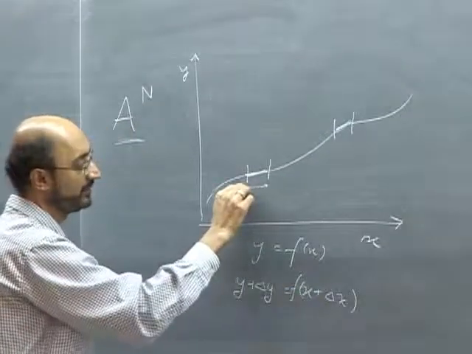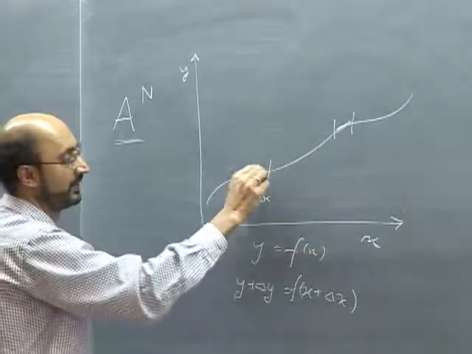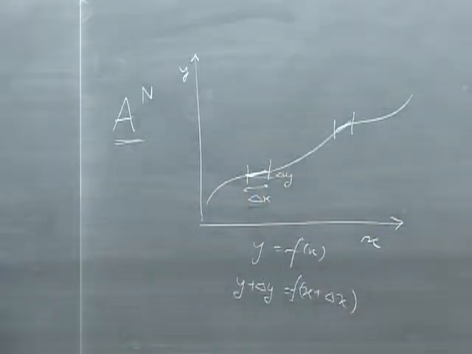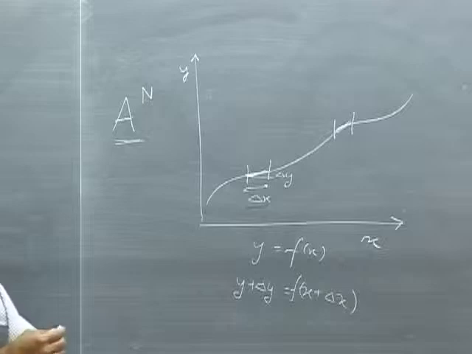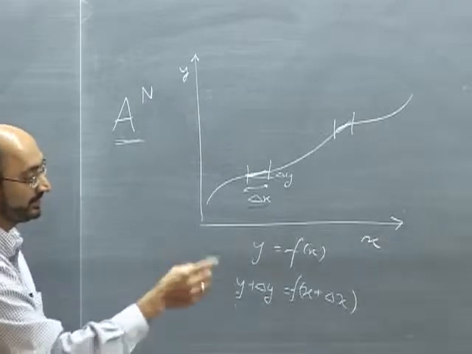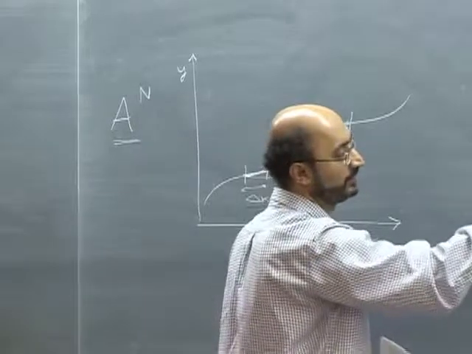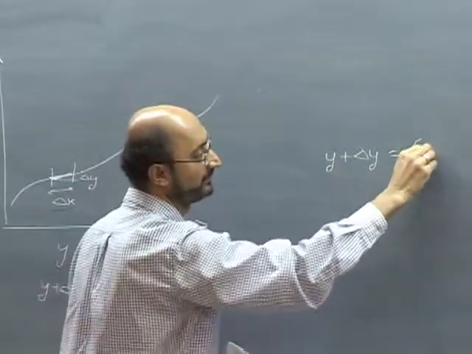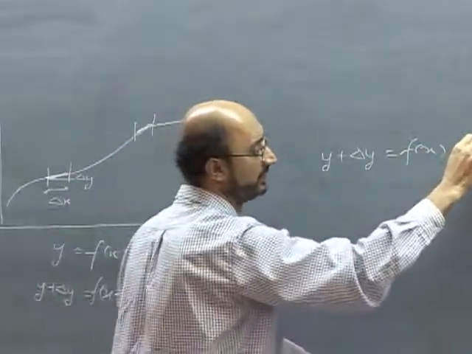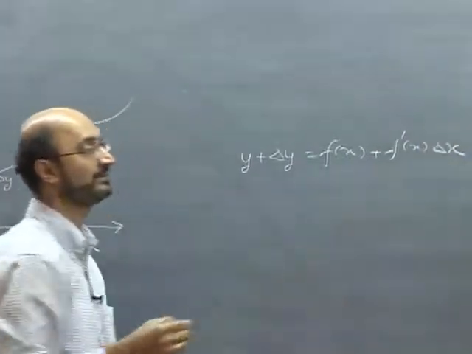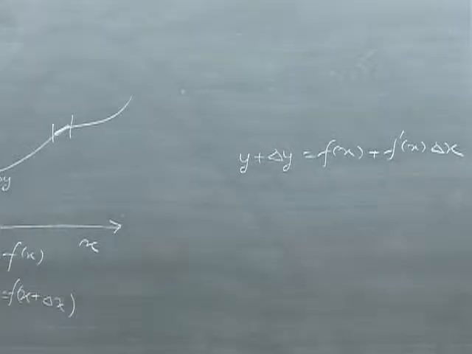And so we have this delta x over here, and this little thing is delta y. This is just basic differential calculus. So we can basically write y plus delta y as equal to f(x) plus f'(x) delta x. This is just the Taylor expansion.